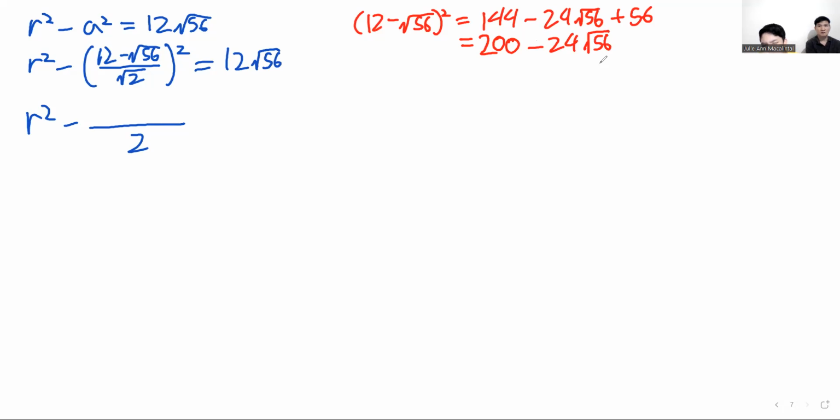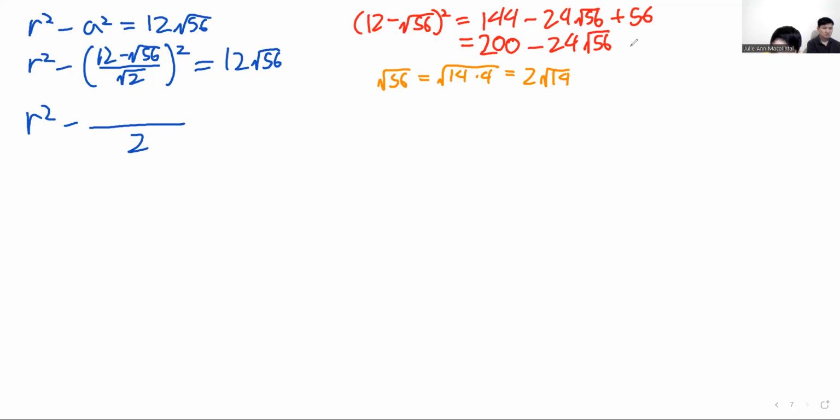Wait, the square root of 56 can actually be simplified. The square root of 56 is the square root of 7 times 8, so that's better. That is 14 times 4, so that's 2 square root of 14.